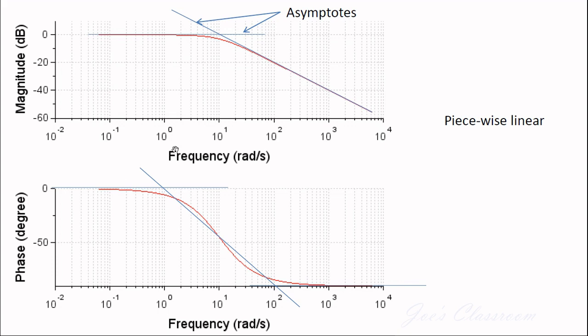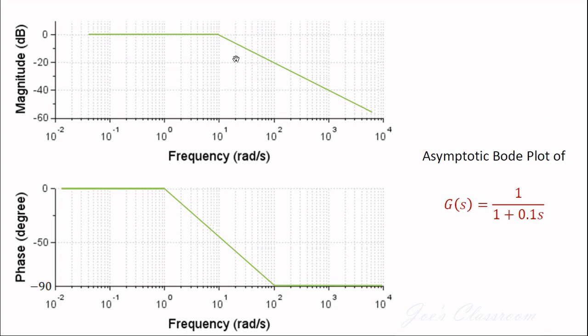When he replaced these nonlinear magnitude and phase plots with a piecewise linear graph with the help of these asymptotes, this is what he got.